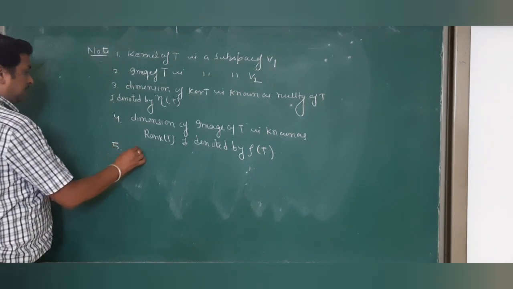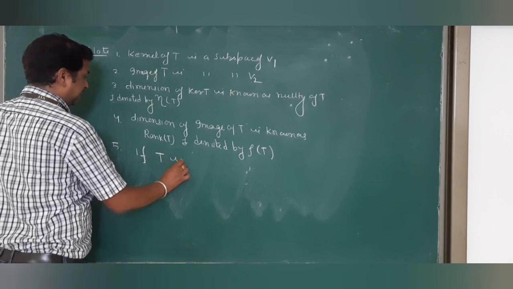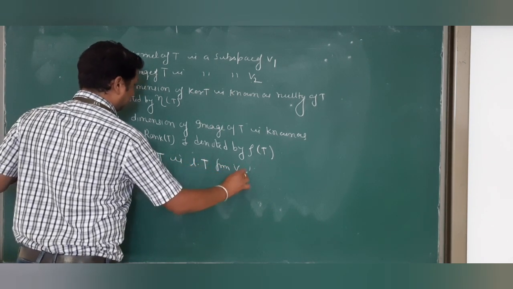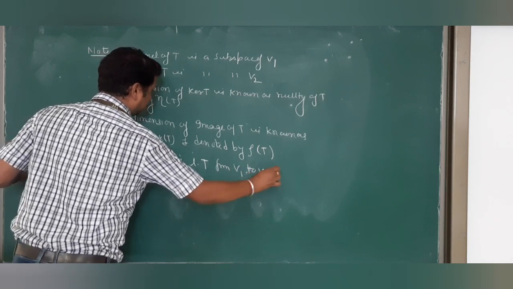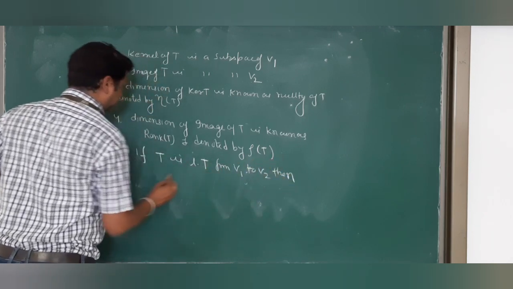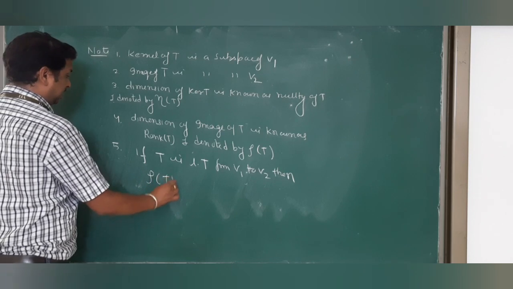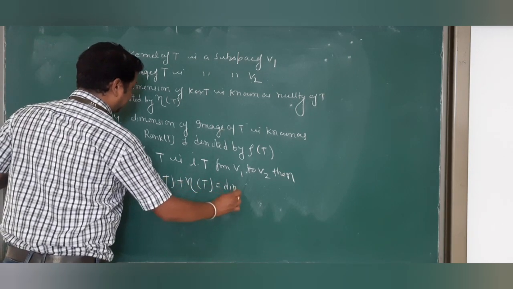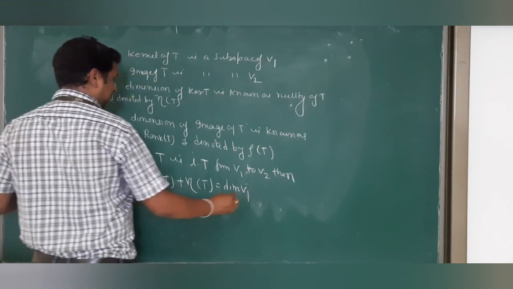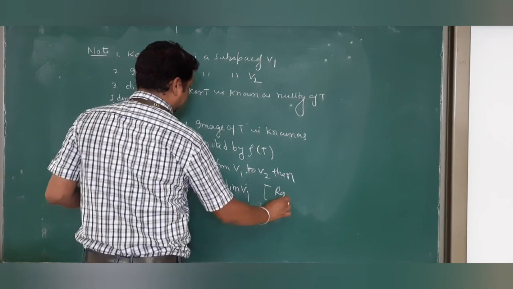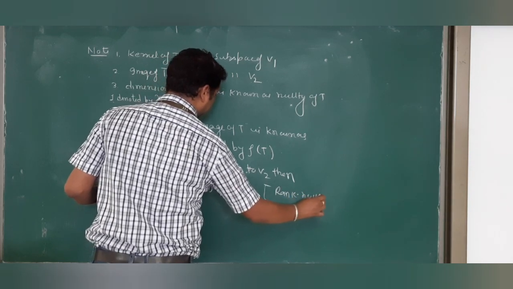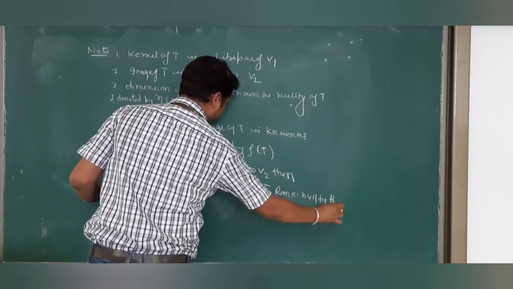Fifth, if T is a linear transformation from V1 to V2, then this is very important: rank T plus nullity T is equal to dimension of V1. This is known as the rank nullity theorem.